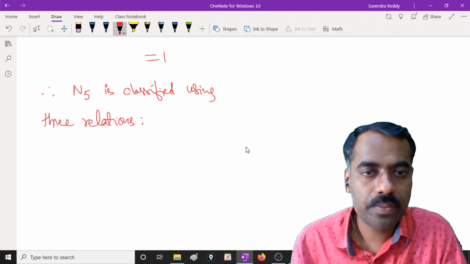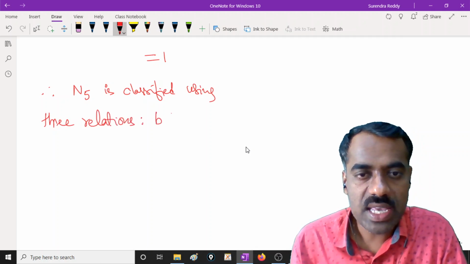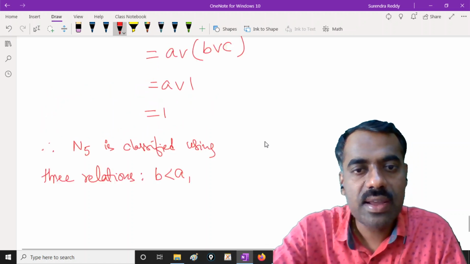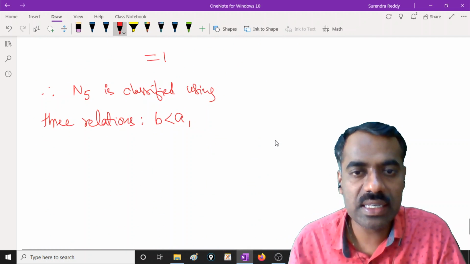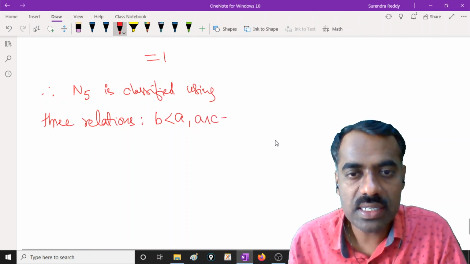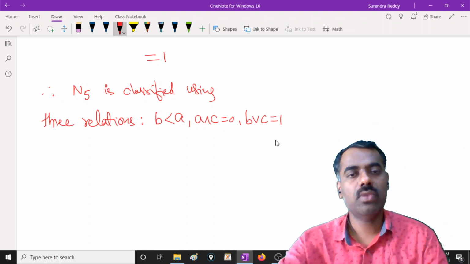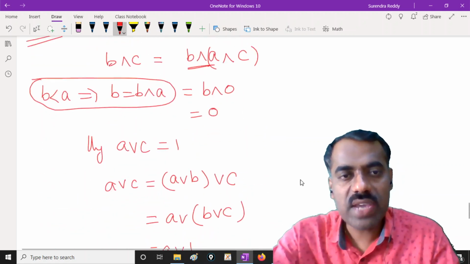What are they? That B is less than A, and meet of A and C is 0, and meet of B and C is, A meet C is 0, and B join C is 1. Right? Similarly, you can check about this.